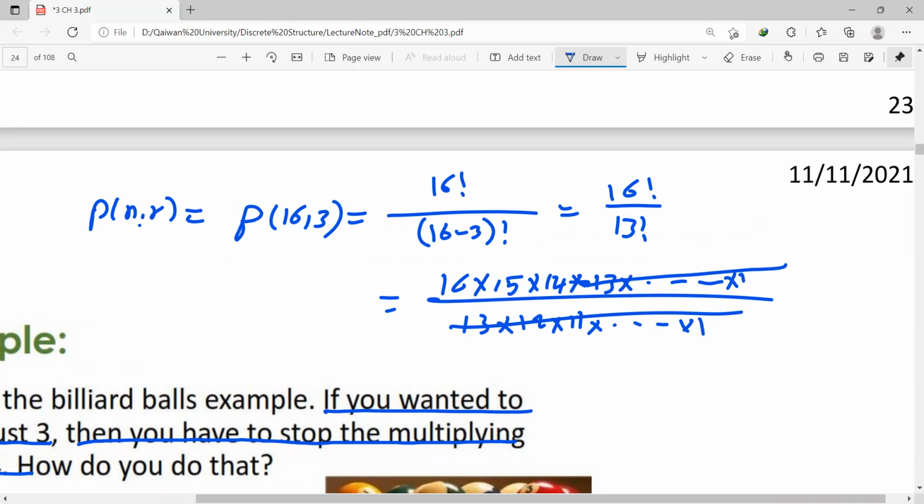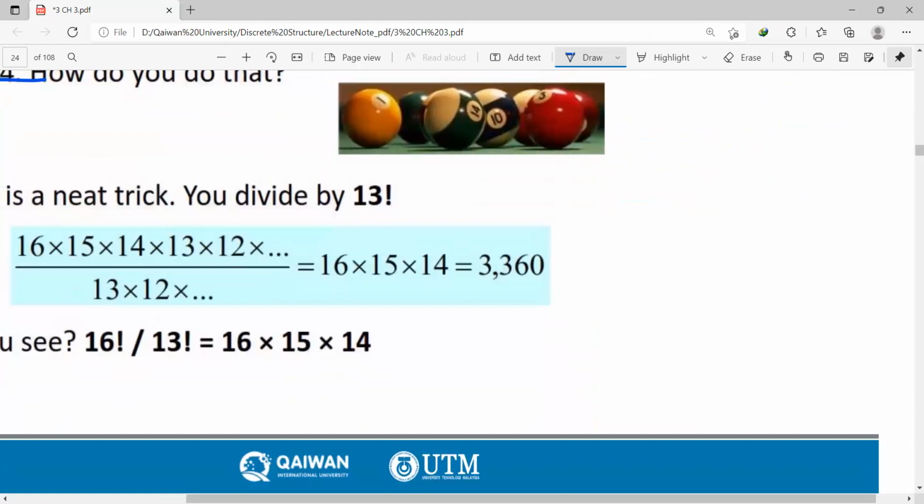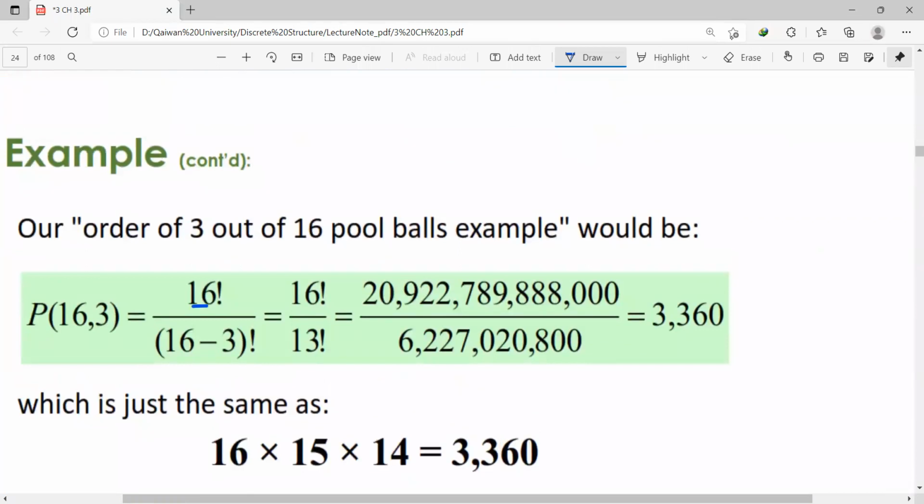Okay, so what's left? We have only 16 multiplying by 15 multiplying by 14 equals 3,360. This is the result. Okay, that's it. As you see, 16 factorial dividing by 16 minus 3 factorial, or 16 factorial over 13 factorial, is 3,360.